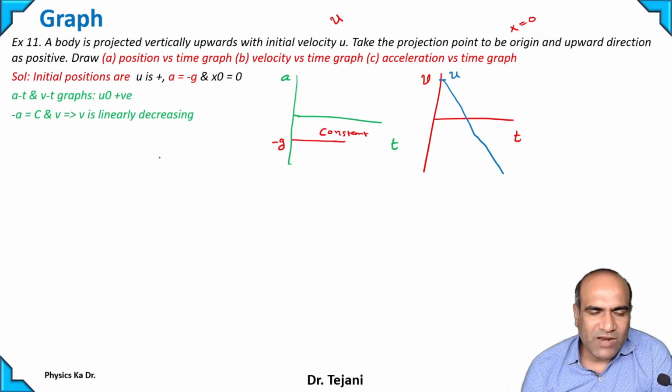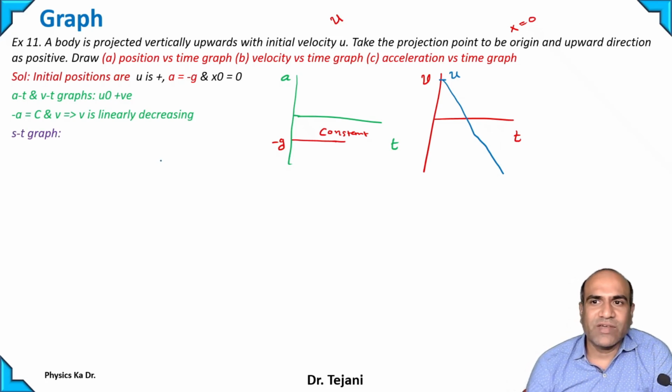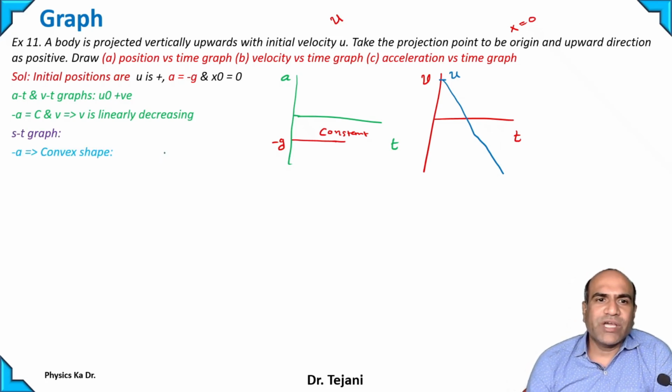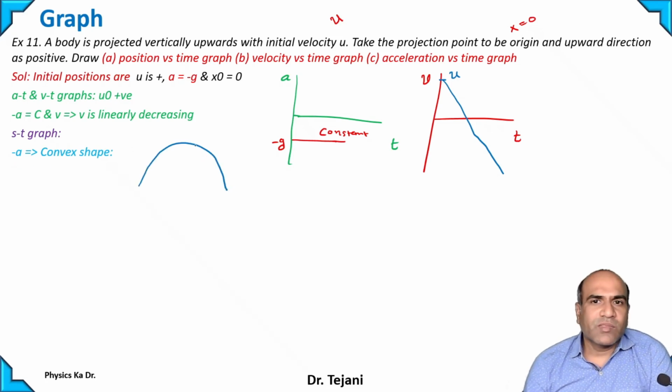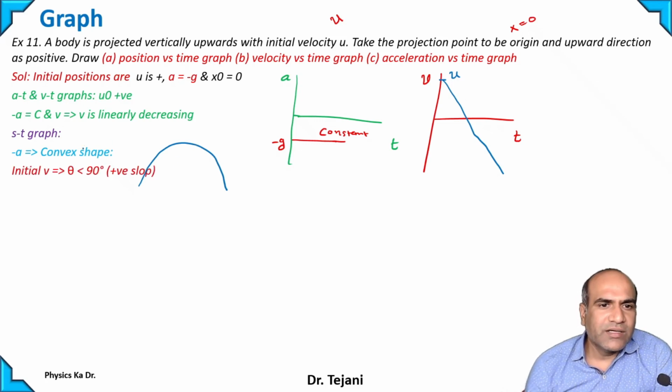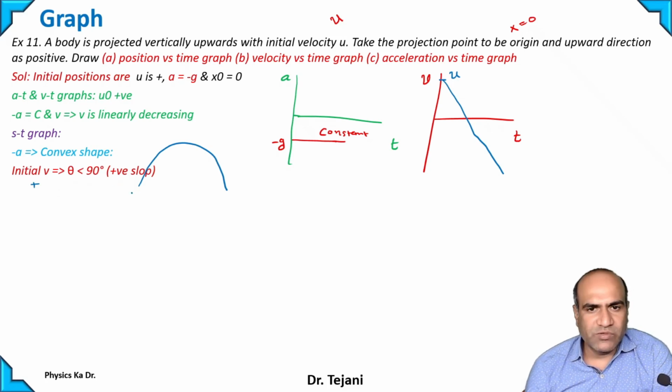Then what next? Next is the s-t graph. We can check that minus a, minus acceleration, gives a convex shape, meaning this shape. Then we need to find the velocity. Initial velocity is positive, so the slope should be positive.